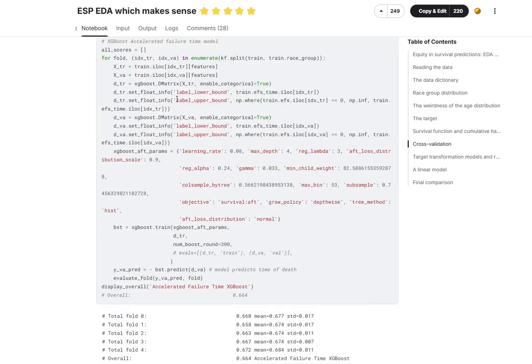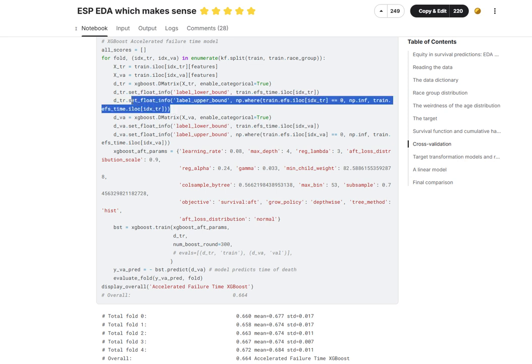This cell uses XGBoost again, but this time with the accelerated failure time, AFT, objective. AFT models are another type of survival model. The way you provide the target data to XGBoost for AFT is different. Instead of a single y vector, you create an XGBoost DMatrix and set lower and upper bounds for the survival time.